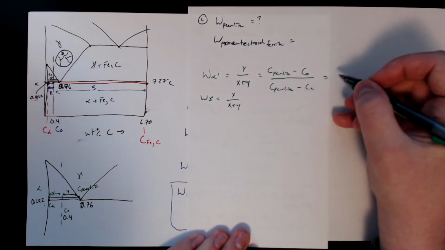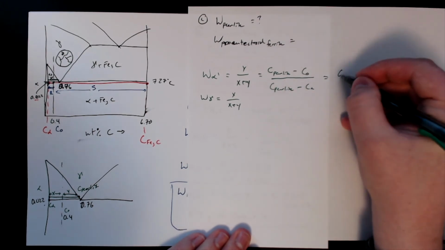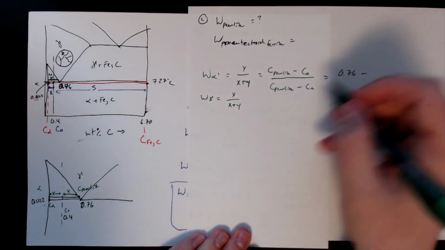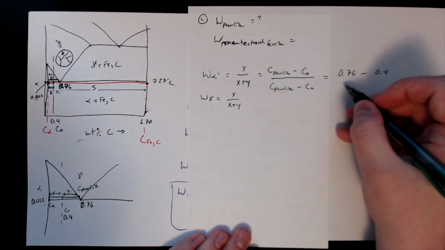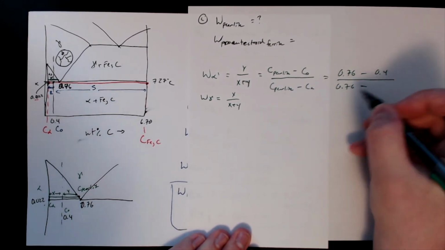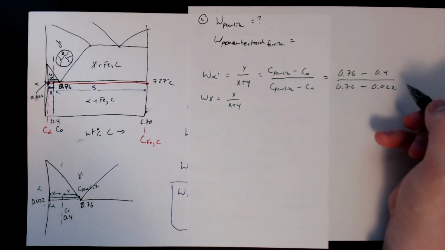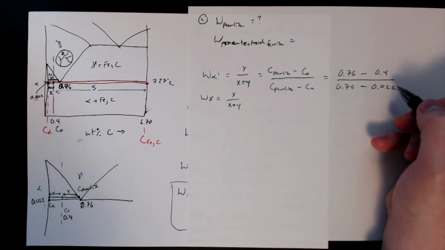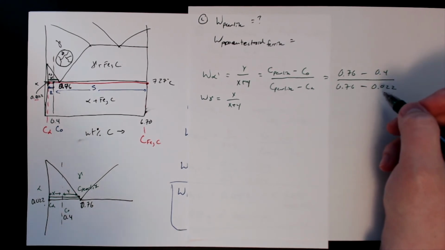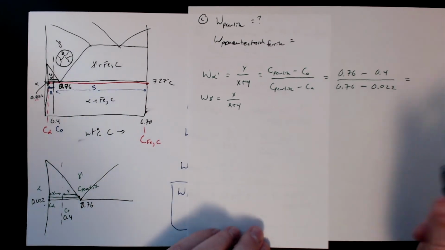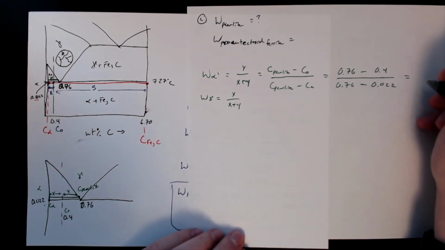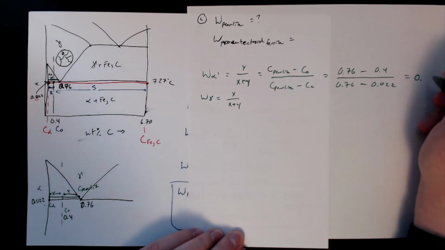So I'm going to just go ahead and plug this one in. So this should be 0.76 minus 0.4, the alloy, and then 0.76 minus 0.022. And so if I plug all of those in, just like I've done before, I will get 0.488.